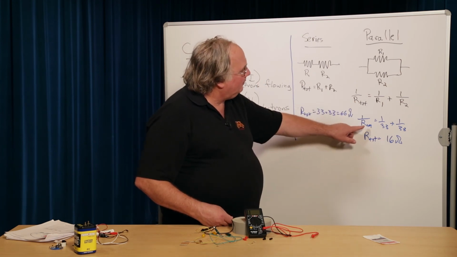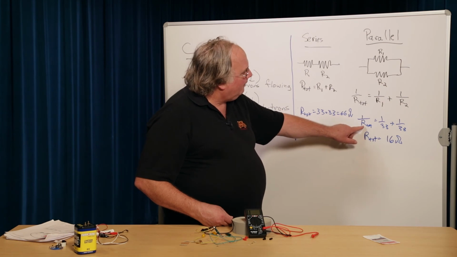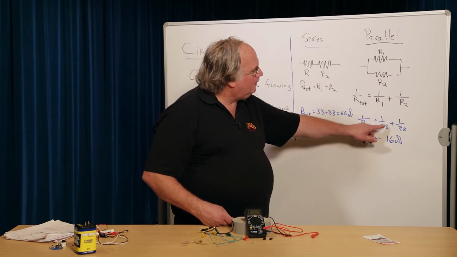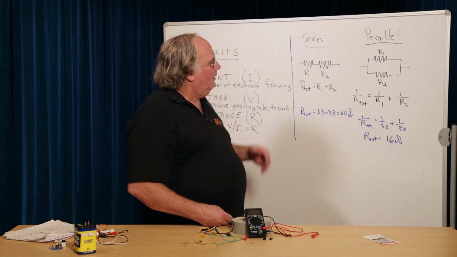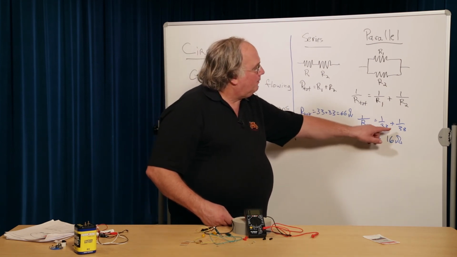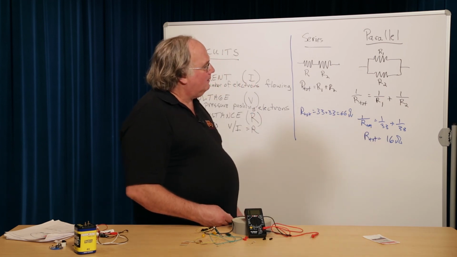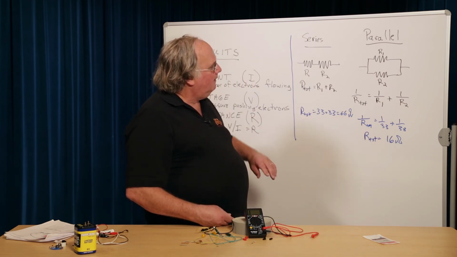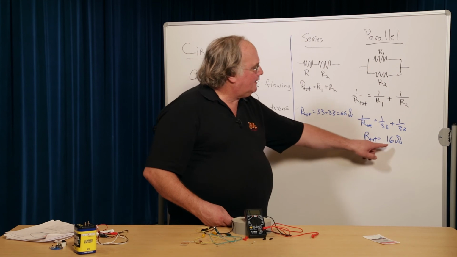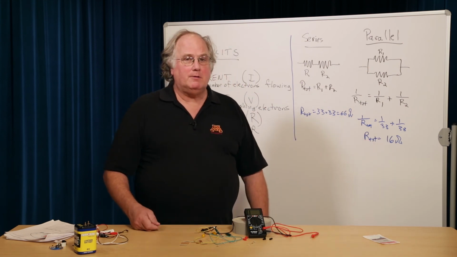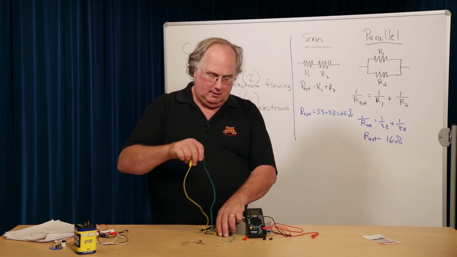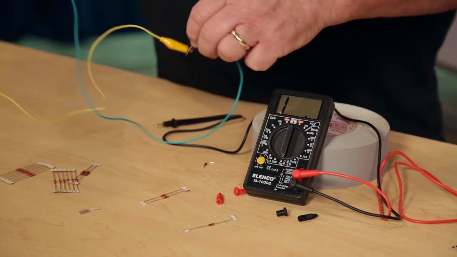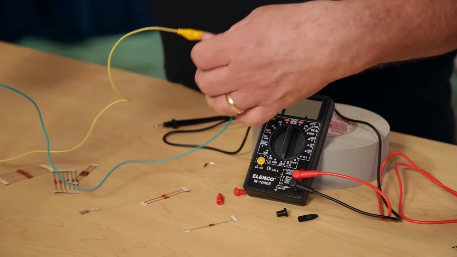And if we plug in our numbers, we see 1 over R total equals 1 over 33 plus 1 over 33. This is 0.03, that's 0.03. Add those together, you get 0.06. Flip it over and you get 16. So what I should be seeing with the total connected in parallel is 16 ohms.